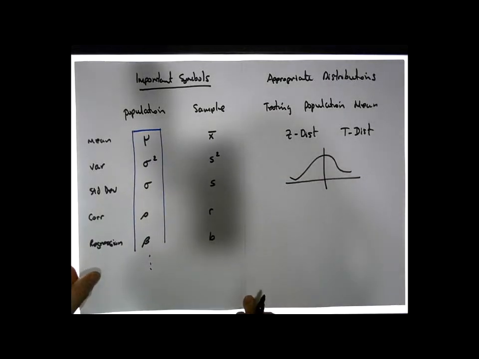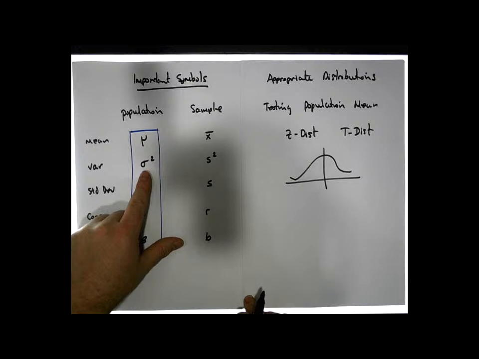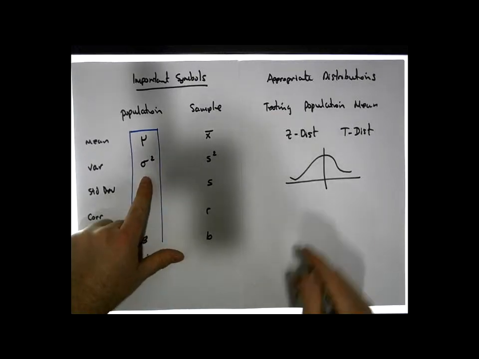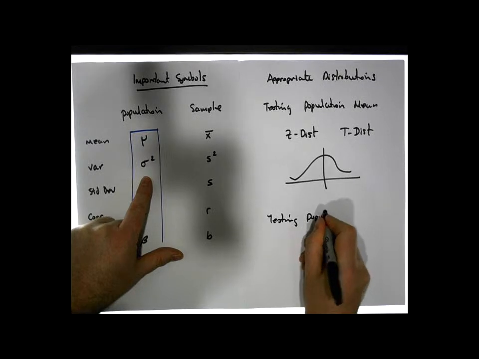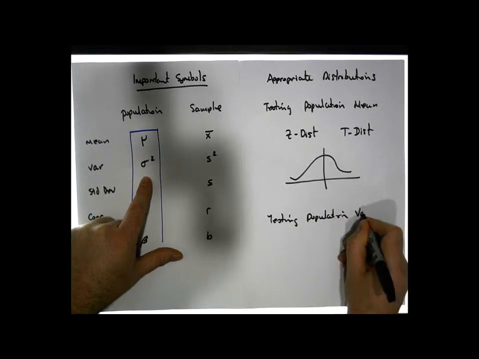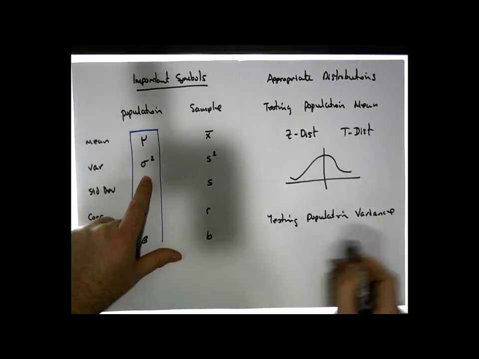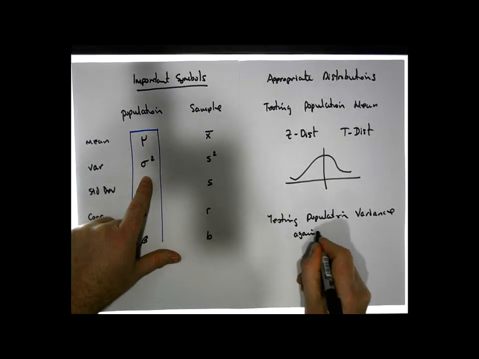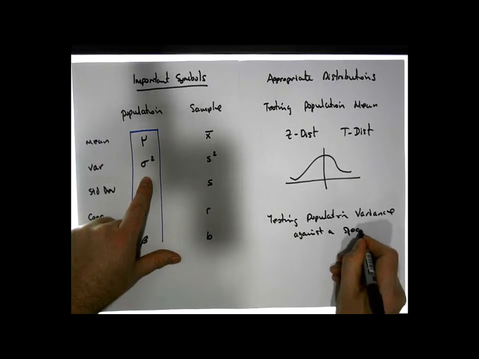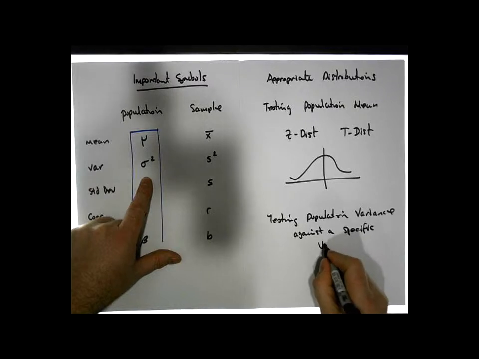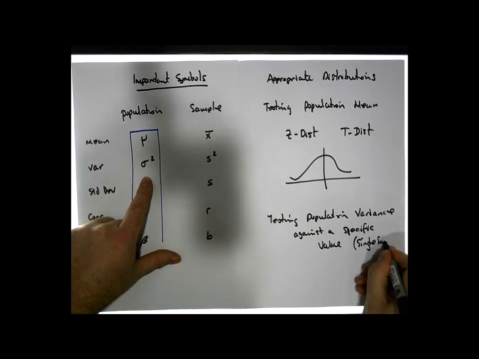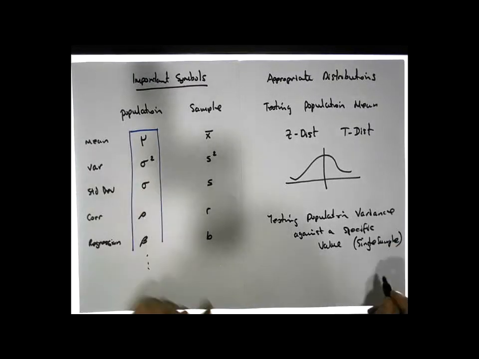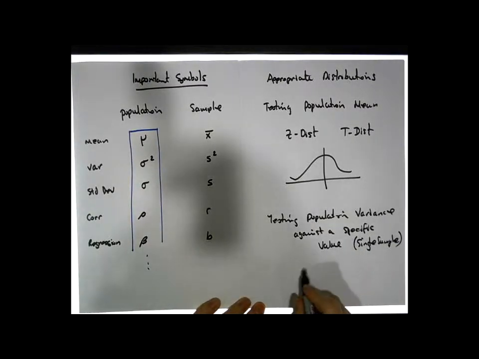If we want to test a population variance against a specific value, this is like a single sample test, then the distribution is a chi-square distribution.